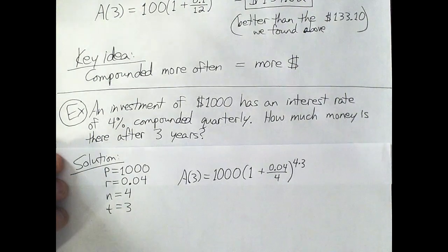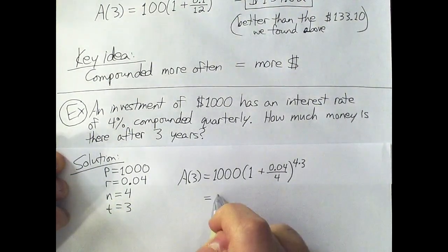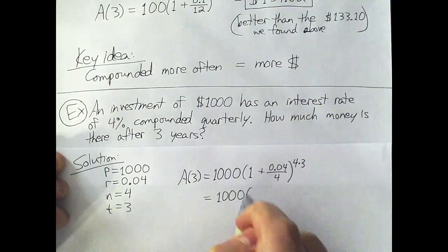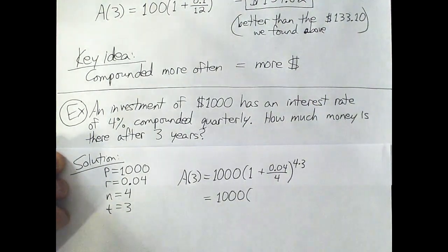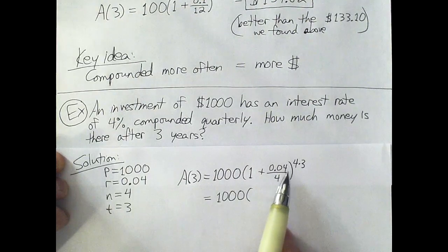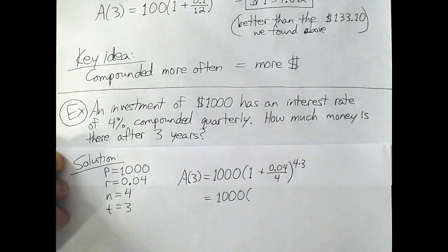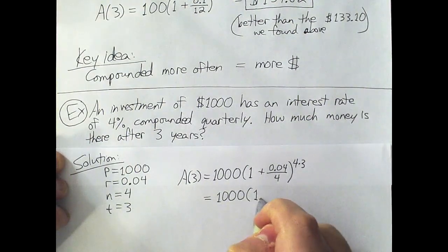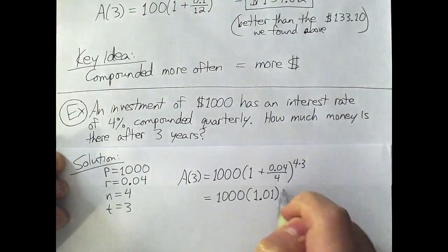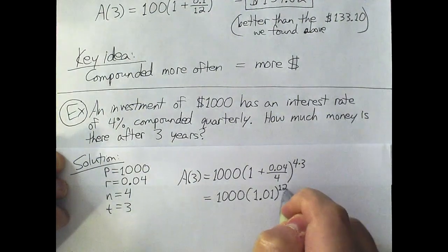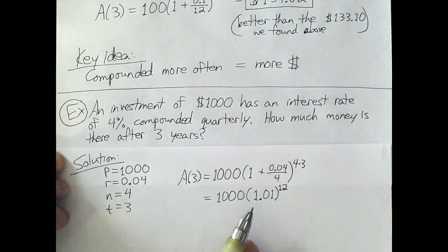I guess without a calculator, I could probably go one step further. Let's just do this one step before I bust out the calculator. 0.04 divided by 4. Because they're both 4s, I could do that in my head. That's going to be 0.01. So actually, what's in parentheses is going to be this. And 4 times 3 is 12. So without a calculator, this is the furthest I could go.